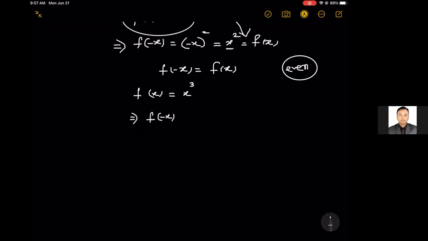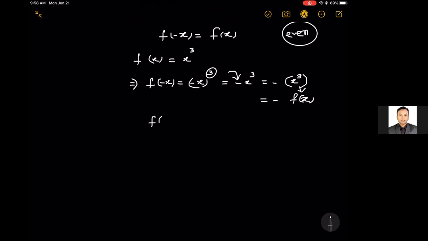Now let's see what happens for an odd function. If we replace x by negative x in the function x cubed, since it's an odd exponent, we'll definitely have a negative in front, right? And I can write it as negative times x cubed. I'm just trying to show how it's done. And this is actually just f of x.